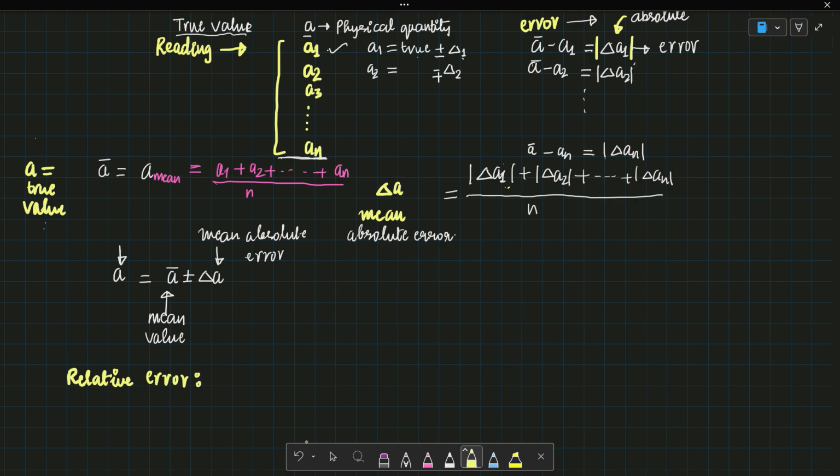So relative error is defined as delta A, or mean absolute error, divided by mean value, and we also calculate percentage error.